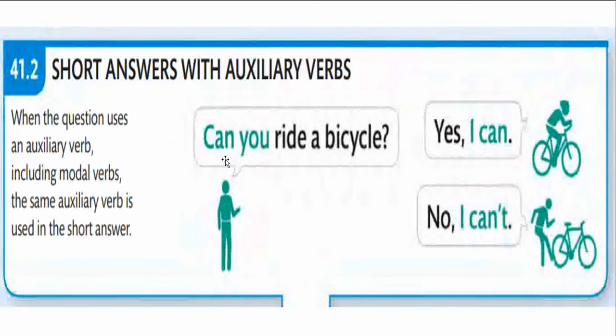Modals are can, will, should, could, etc. So if you are using the modal can, the reply will also have the word can. Can you ride a bicycle? Yes, I can. A negative reply could be no, I cannot, or no, I can't.